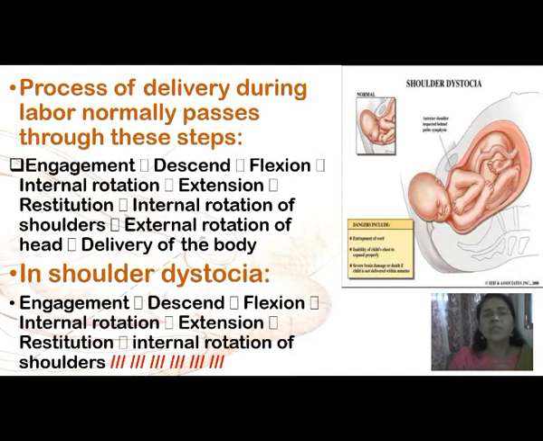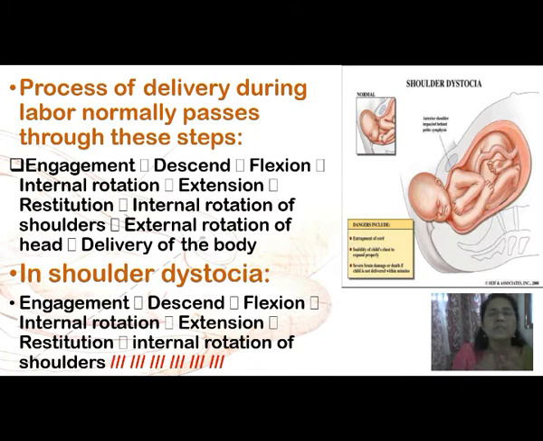But in shoulder dystocia, what happens? Normal engagement, descent of the presenting part, and flexion, then internal rotation of the head, then the head is delivered by extension, then restitution happens. The next step is the internal rotation of the shoulder. When the internal rotation of the shoulder occurs anteriorly, the anterior shoulder is stuck in between the symphysis pubis and the sacral promontory.